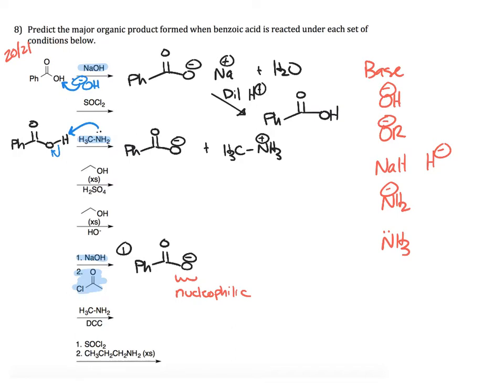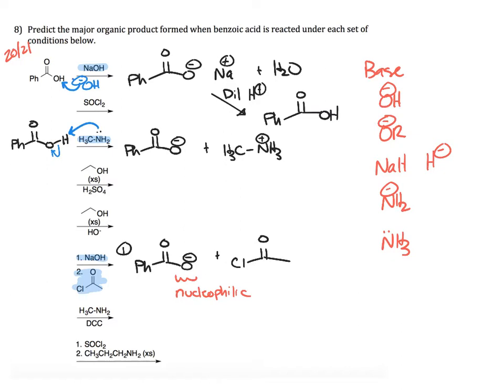So now if I add this acid chloride, that acid chloride doesn't have the same problems as carboxylic acids having an acidic proton. So the only thing that happens to these is nucleophiles add to the carbonyl carbon.